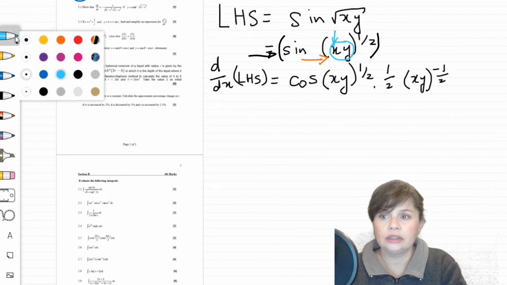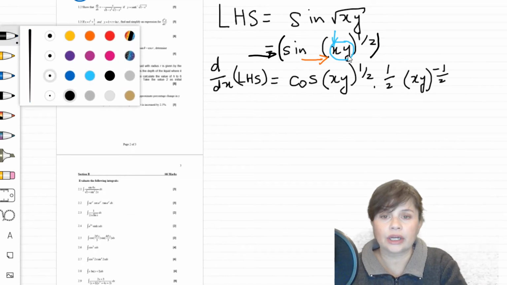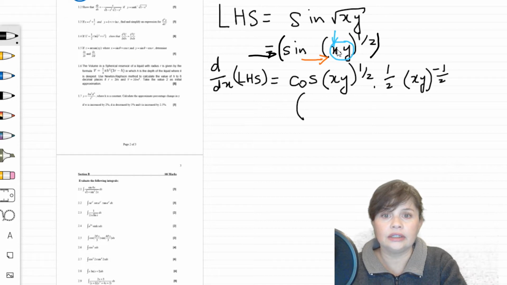So then if you look at what's inside of that bracket, you have a product. And when you're differentiating a product, it means you need to use your product rule. So your product rule says it is the derivative of the first part of your function, which is 1, times the second, plus the first part of the function, times the derivative of the second.